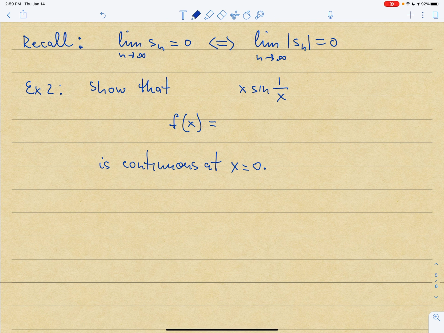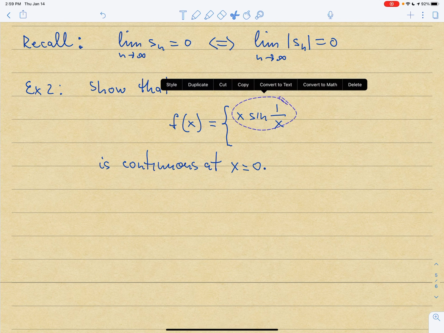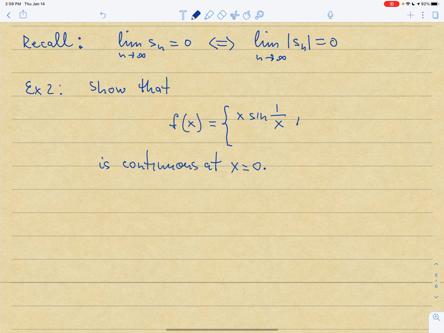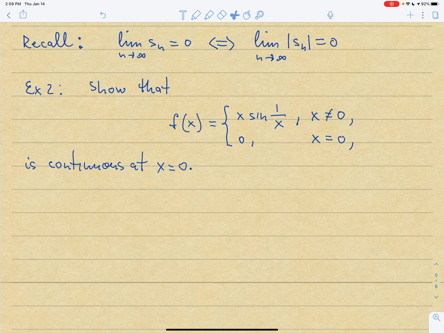So there will be a piecewise definition. It is x times sine of 1 over x if x is not equal to 0, and at 0 I'm going to define it just as 0. And so now I want to show that this function is continuous at 0.